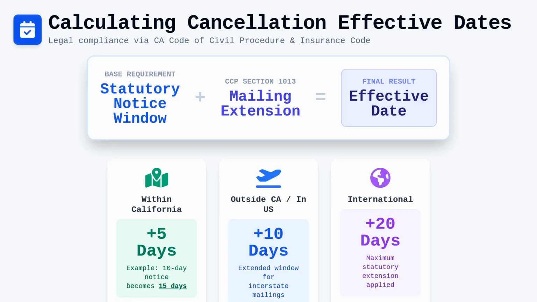For a notice mailed from within California to an insured resident within the state, you must add 5 calendar days to the statutory minimum timeline. This means a 10-day non-payment notice sent by mail actually requires 15 days from the date of mailing before the coverage can legally terminate. If the notice is mailed to an address outside of California, but within the United States, the extension increases to 10 days, and it reaches 20 days for international mailings.